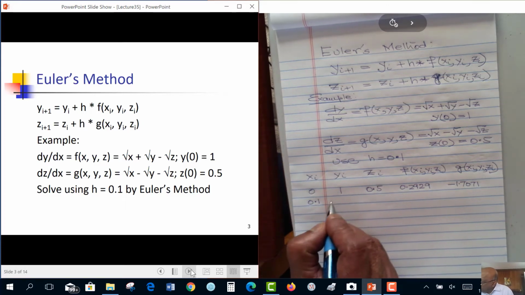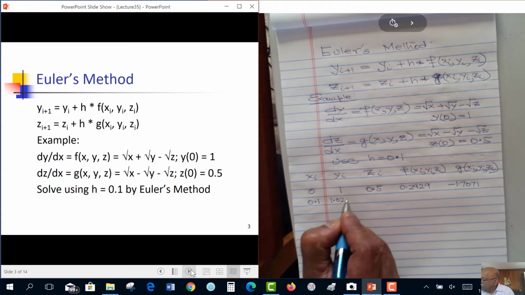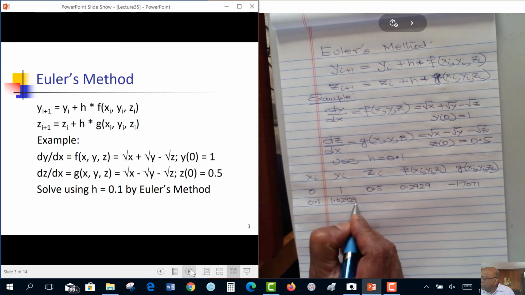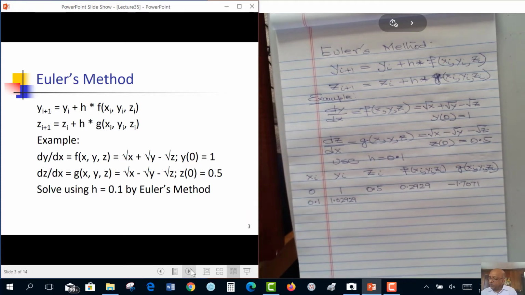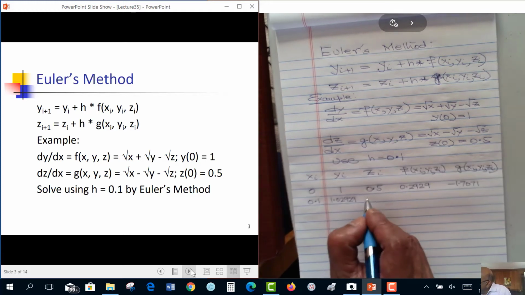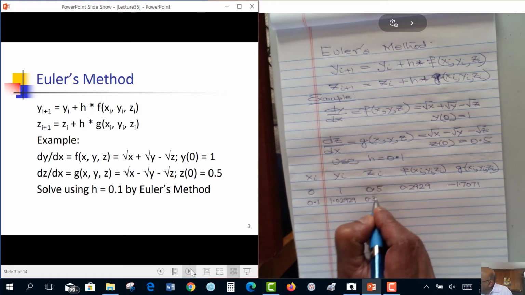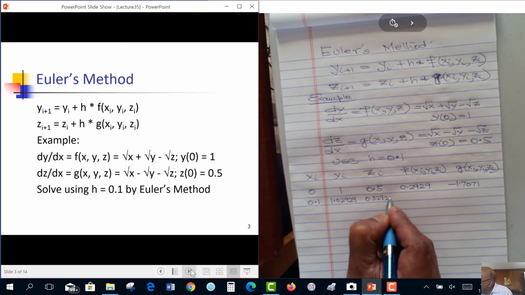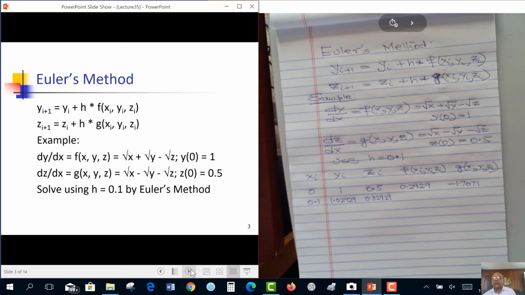So we will get 1.02929. And then 0.5 plus 0.1 times negative 1.7071. So we'll get 0.32929.